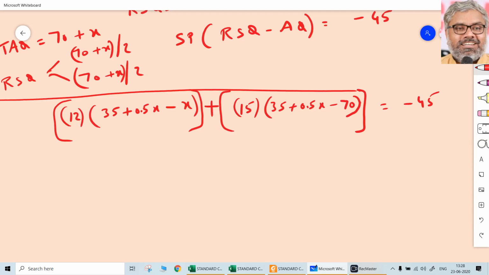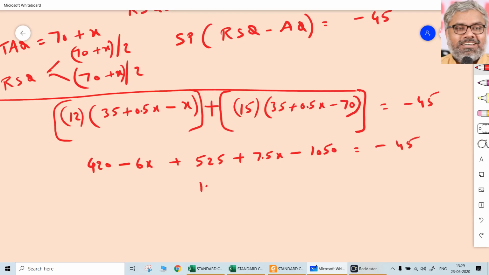Okay, so let us do that. 35 into 12, 420, minus 6x, plus 525, plus 7.5x (15 by 2), and then minus 70 into 15, that is 1050, that is minus 45.